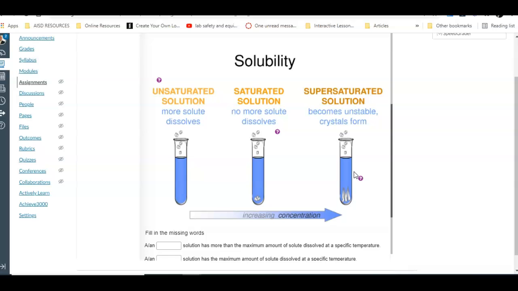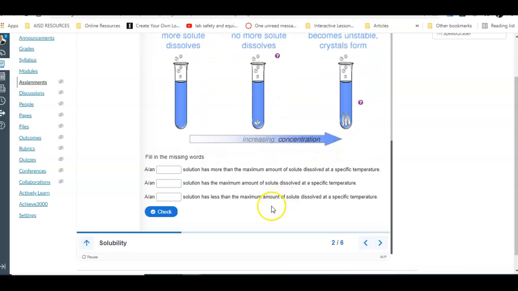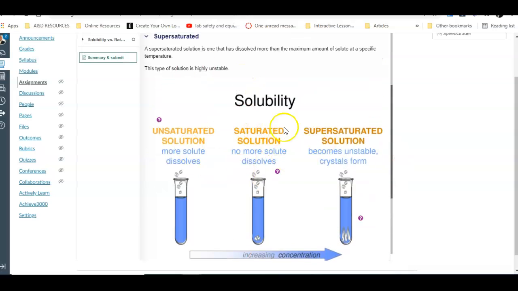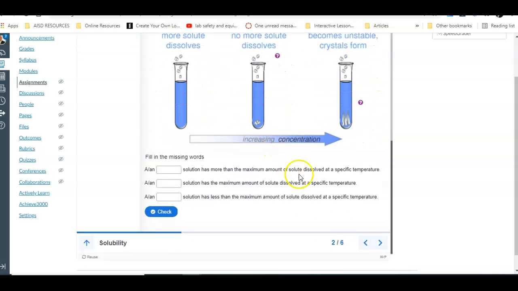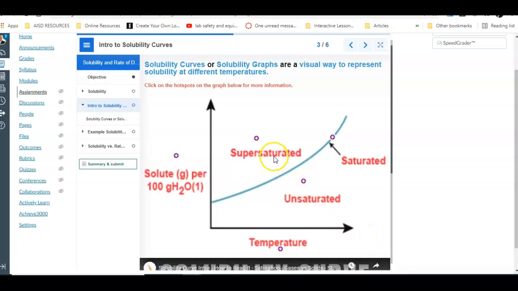Any disturbance will cause them to come out of solution, which is referred to as crystallization. That's when you begin to form some precipitate. All right, so you answer those questions based on your understanding of these three terms that describe solubility.